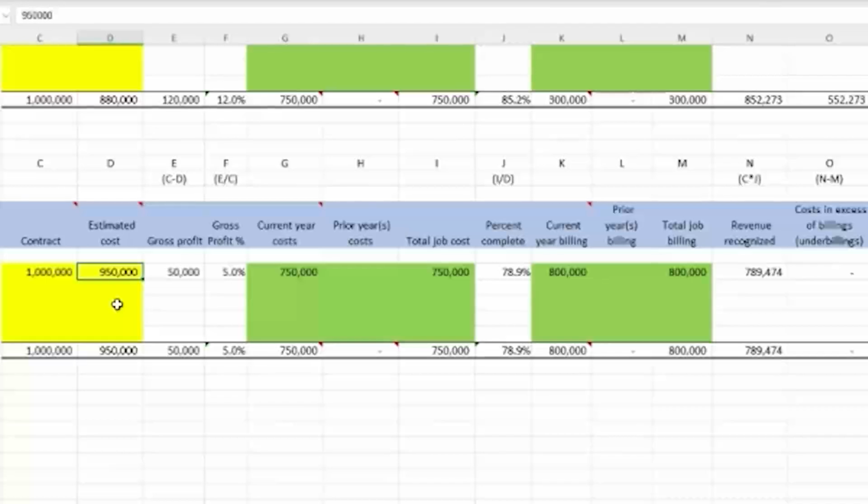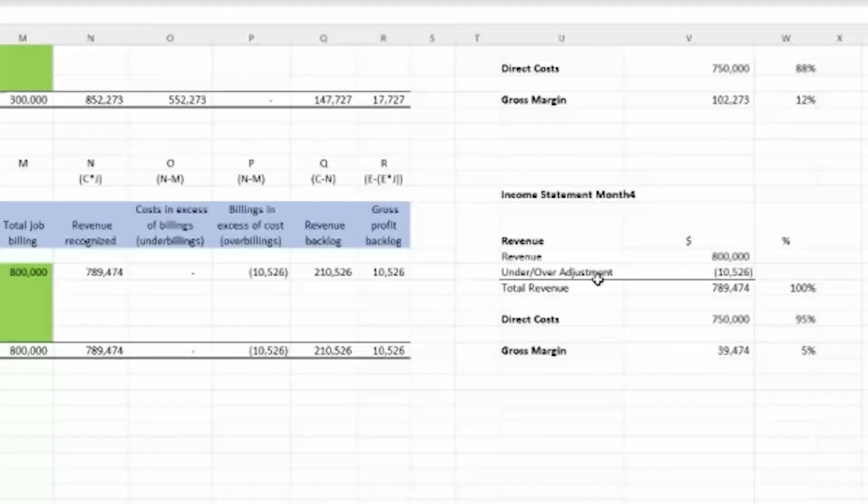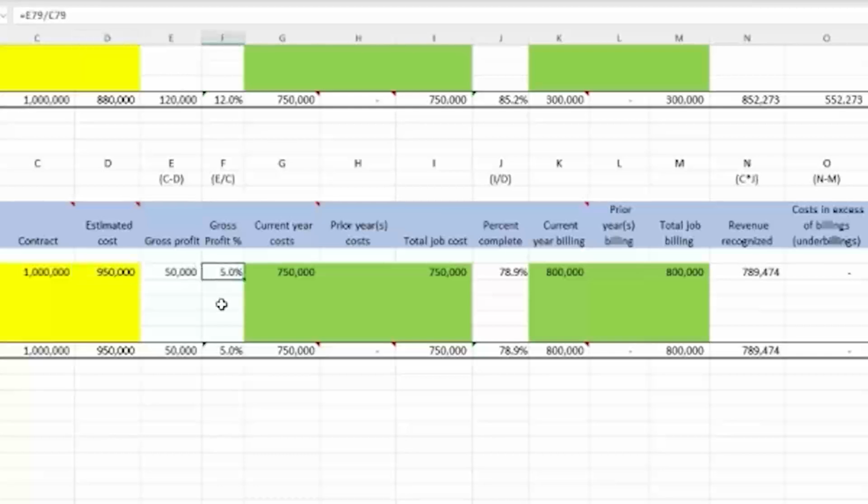And the end result is really, you need to be focused on what's the estimated cost to complete, and is that accurate? Because if your jobs are accurate, then as a result, your P&L is going to be accurate, and it's going to reflect whatever your jobs show for gross profit.